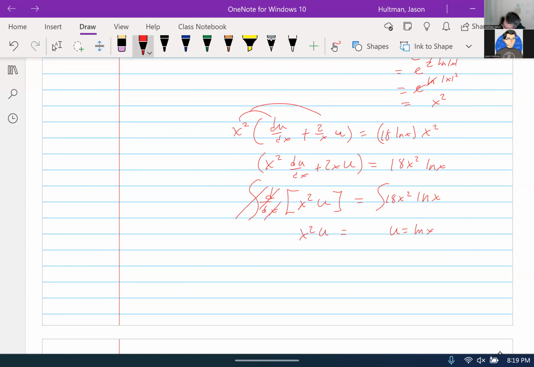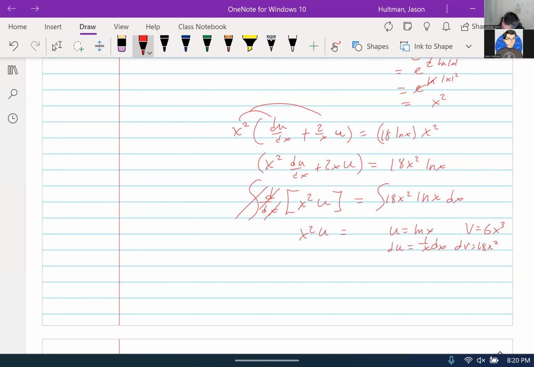Okay, the natural log for u, and then we'll do 18x squared for dv, because when I cube that, I can divide by 3. And if I integrate that, that becomes 6x cubed. That's nice. And then for the natural log, du is equal to 1 over x dx.